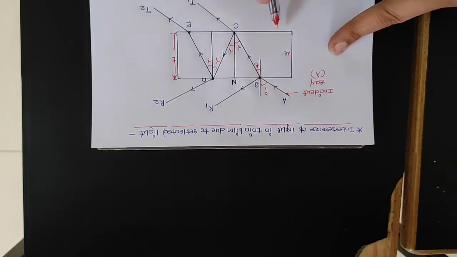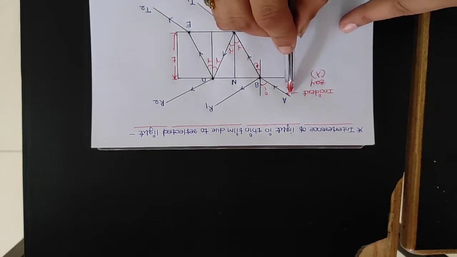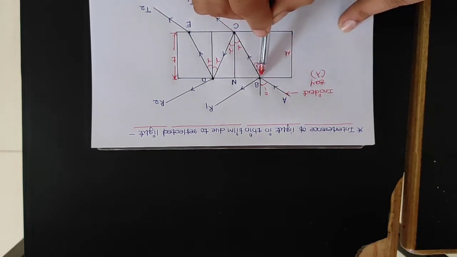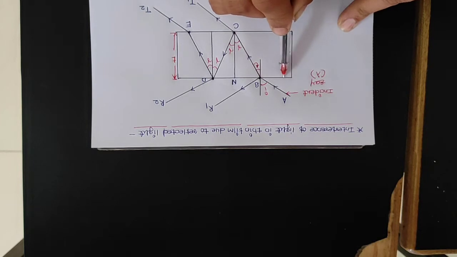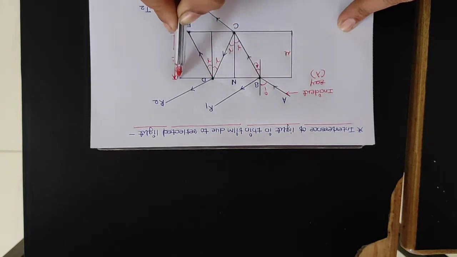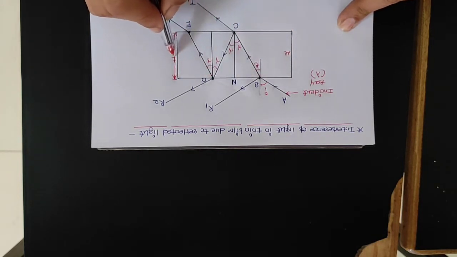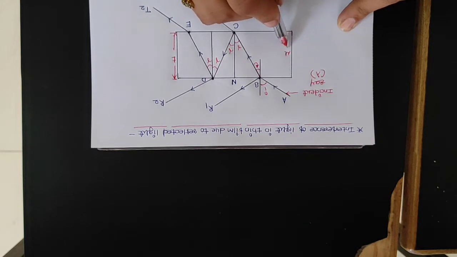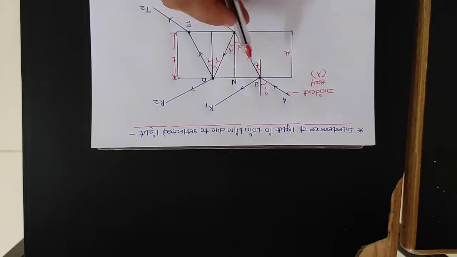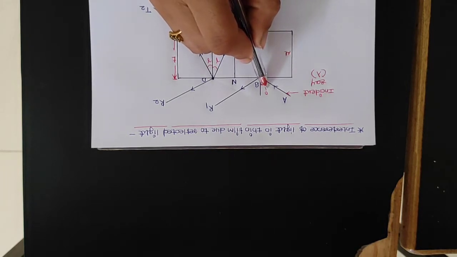This is the film. Now a ray of light AB is incident on upper surface of the film with the thickness T and refractive index mu as shown in this figure. Now let I be the angle of incidence.